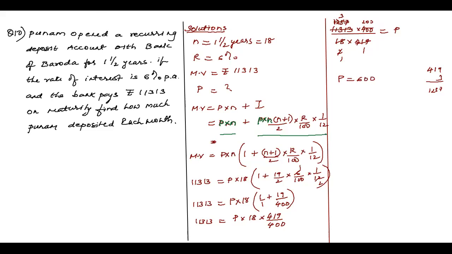Okay, answer: P is equal to rupees 600. So you can see, children, the amount Poonam deposited each month is rupees 600. What is the answer, children? The deposited amount by Poonam.